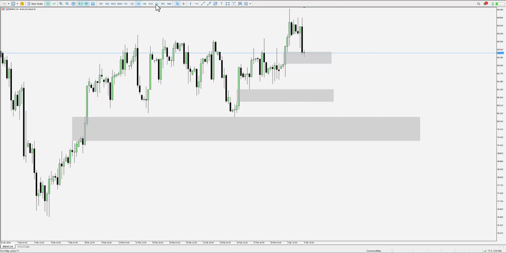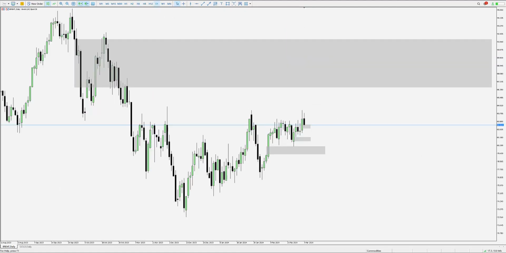I'm expecting buyers to push price to the upside, this being aided by OPEC plus, which has extended voluntary cuts for another quarter. They're basically trying to increase the demand on the precious liquid, thereby also pushing prices to the upside.